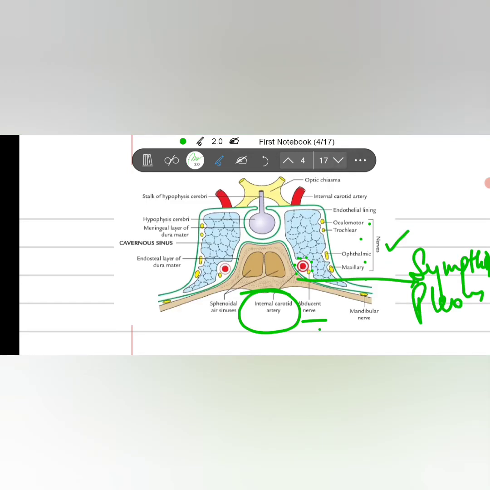See in the diagram, this is around the floor, and this is also the internal carotid artery.